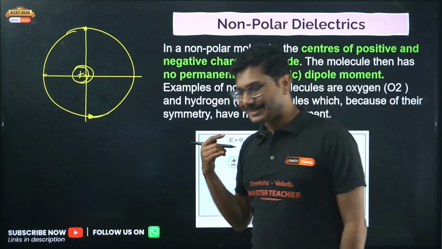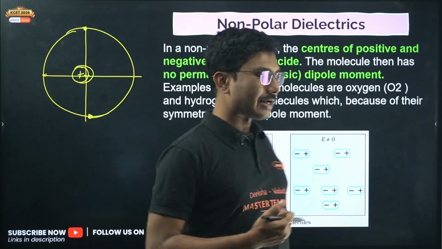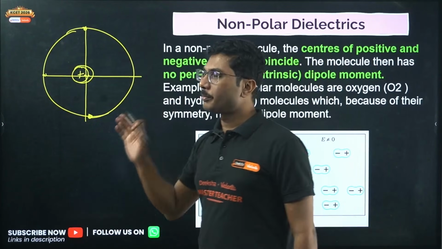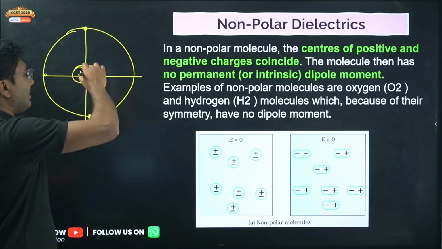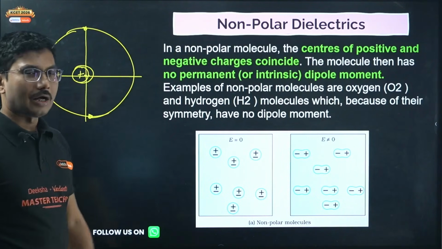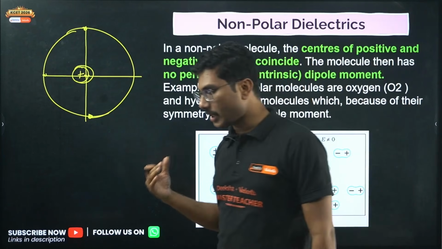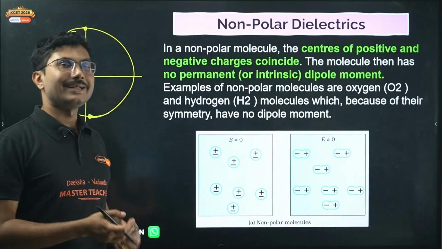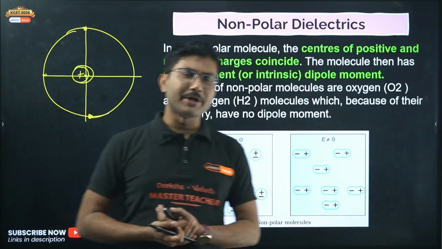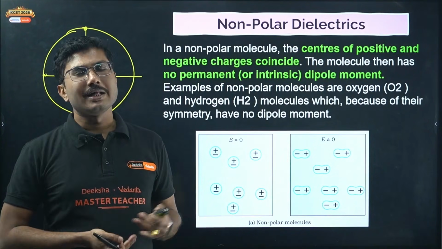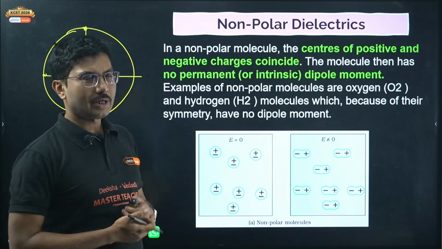Even if it's a single electron, a double electron, or a triple electron, unless there is some hybridization, for normal cases the electrons orbit around the nucleus and have their center at the center of the circle where the protons are located, where the positive charges are located. So in that case, the centers of positive and negative will coincide. There are some cases, due to hybridization and bond formation, where that position can change, and that's why we see polar and non-polar dielectrics.